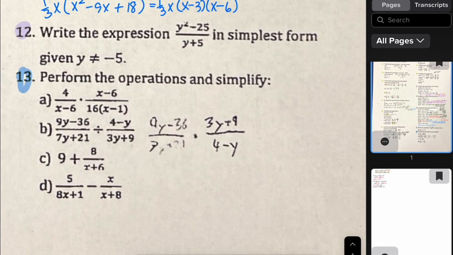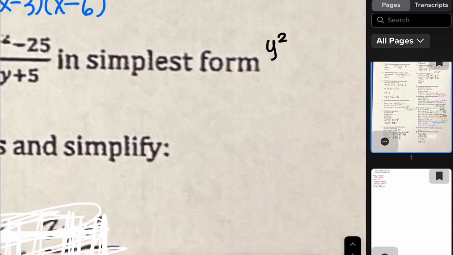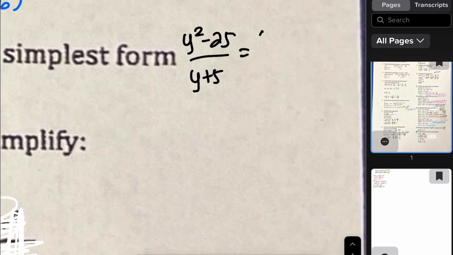Let's talk about 12. For problem number 12, it says to write the expression in simplest form. Don't worry about the fact that y cannot equal -5. That just means, remember, we can't have a zero denominator. They're just saying, don't worry, y is not going to equal -5. Y squared minus 25 is a factorable quantity.